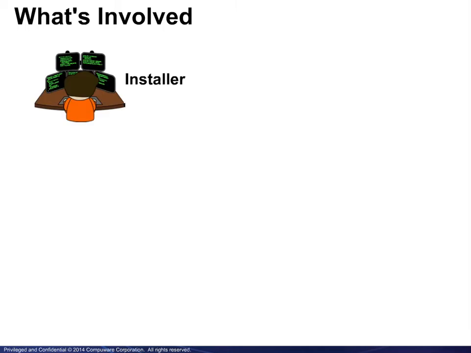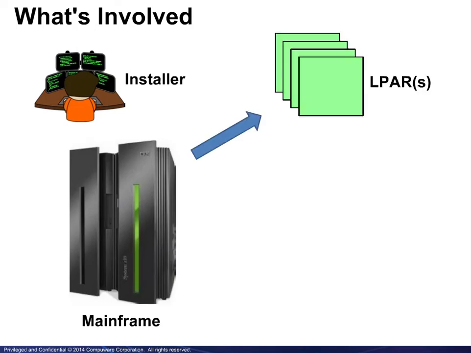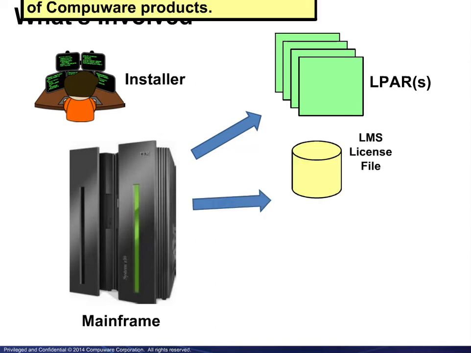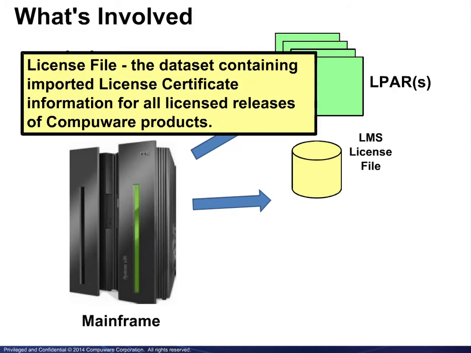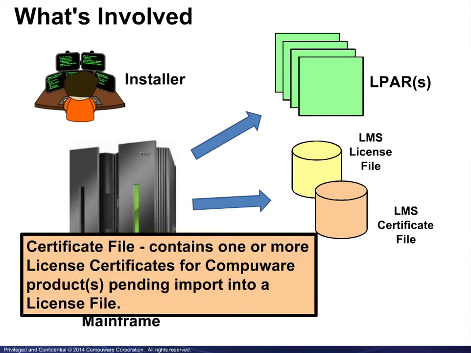First, we must have an installer. Then, of course, we have the mainframe where multiple LPARs are typically used. The two most prominent files are the license file, the dataset containing imported license certificate information for all licensed releases of Compuware products, and the certificate file, which contains one or more license certificates for Compuware products, pending import into a license file.